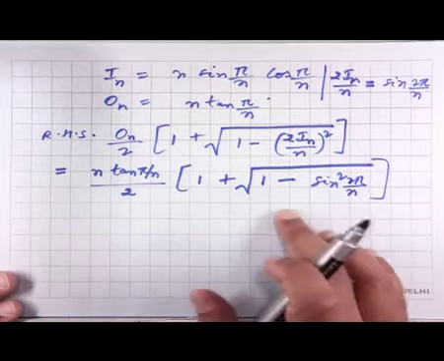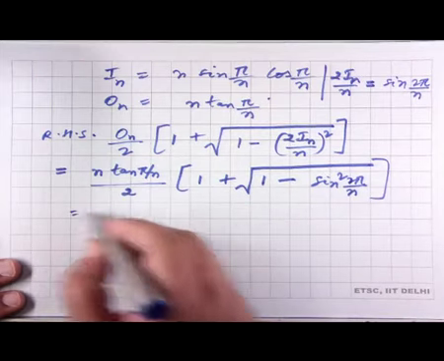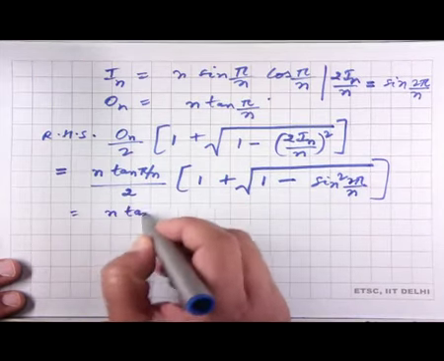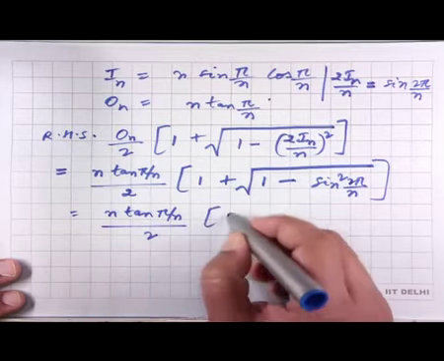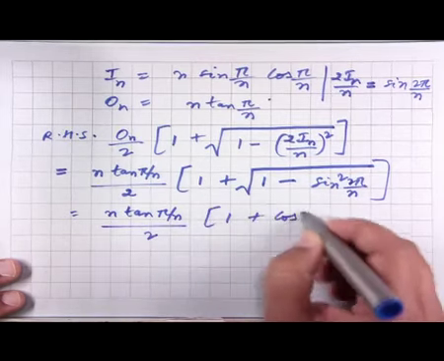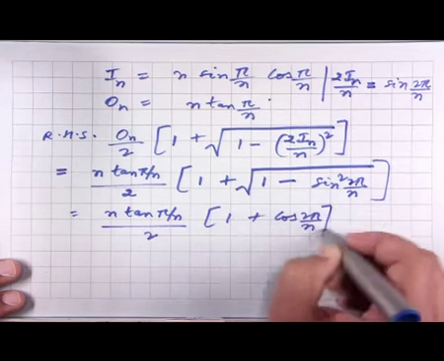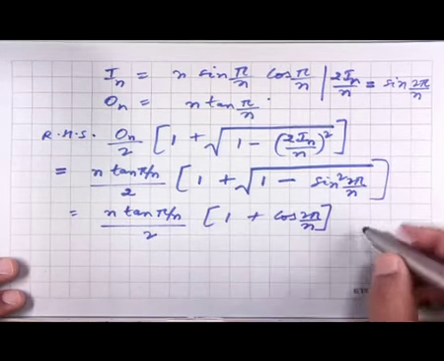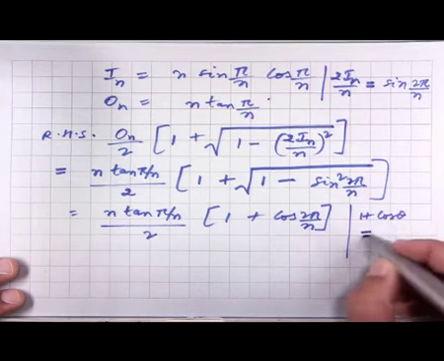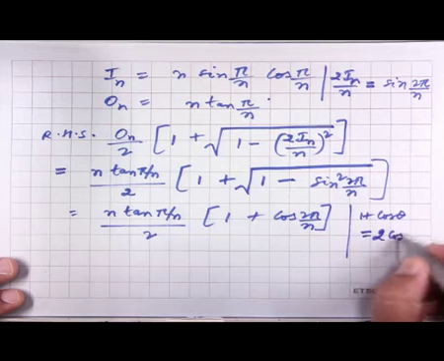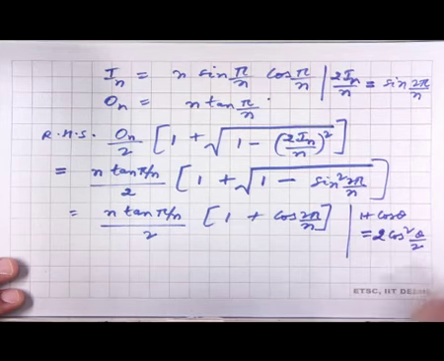So, using that we get this to be equal to n tan pi by n over 2 into 1 plus cos of 2 pi by n, but we also know the identity that 1 plus cos theta is 2 cos square theta over 2.